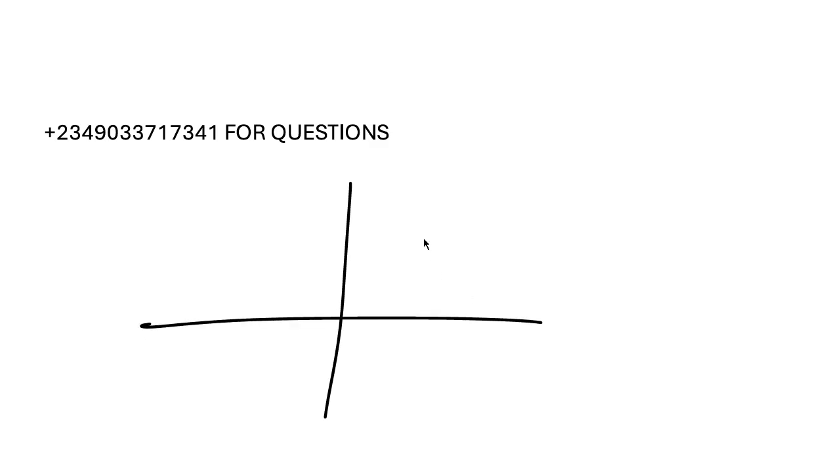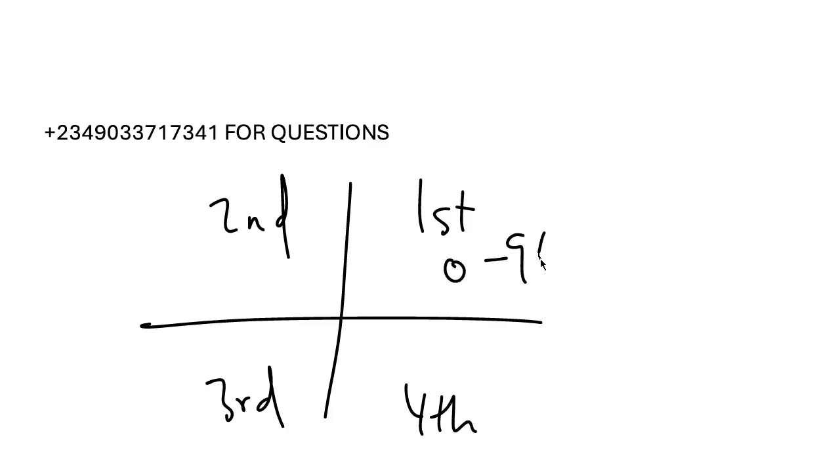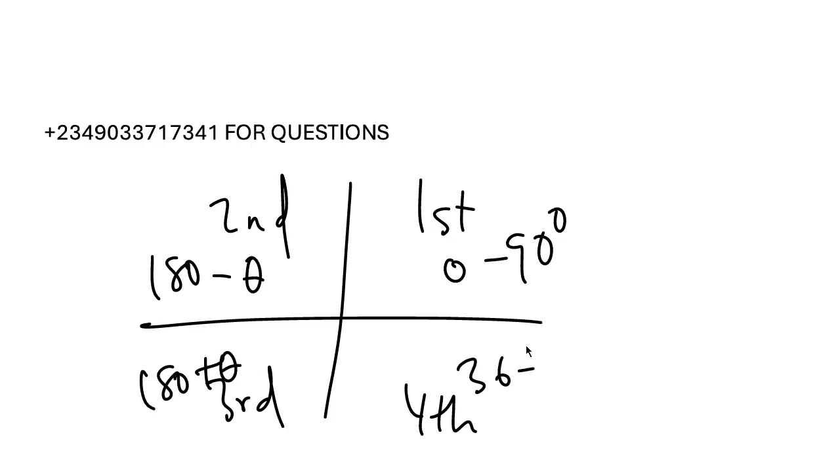That is why I've come to this point. This is the first quadrant, this is the second, this is the third, this is the fourth. Values here 0 to 90. But if you want to get what is here, what you have to do is what? 180 minus theta. Right? Over here, 180 plus theta, and over here, 360 minus theta.